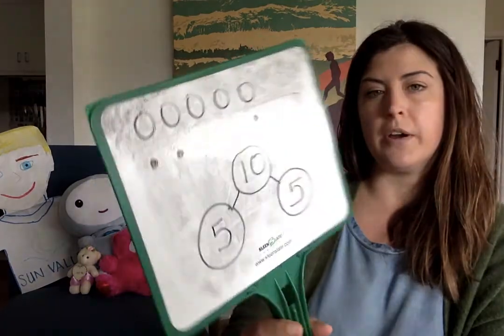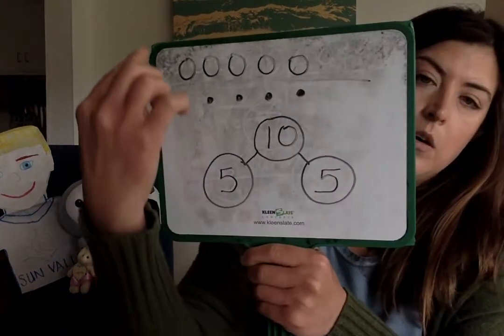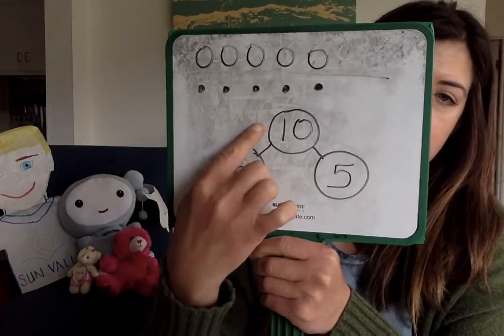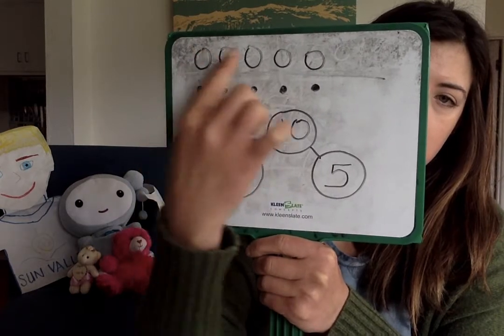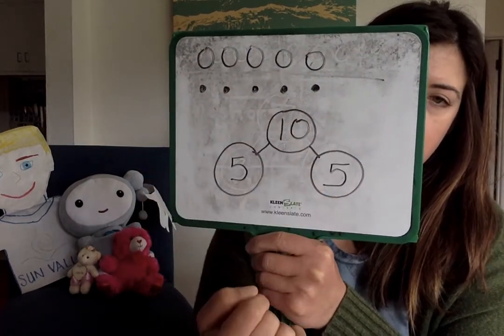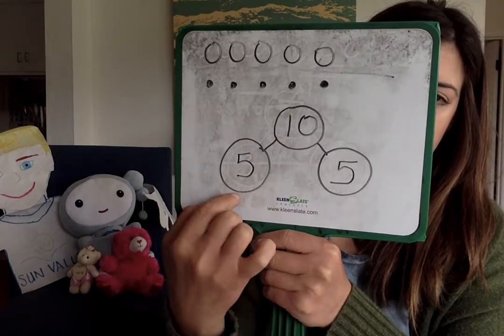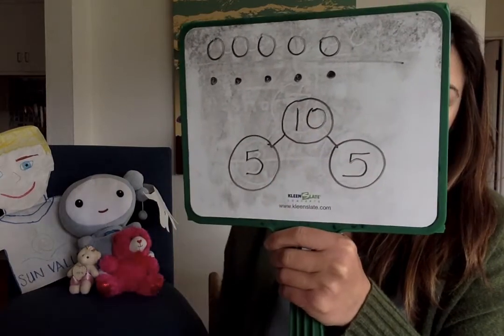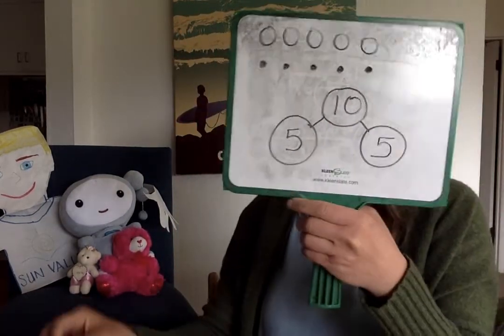Okay, and let's show our work. In the whole group, there was 10, and it was split into 5 and 5. 5 and 5 makes 10. Great job.